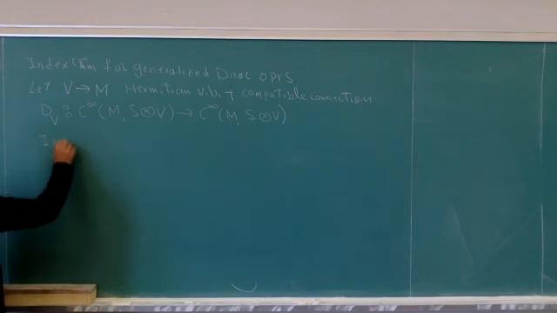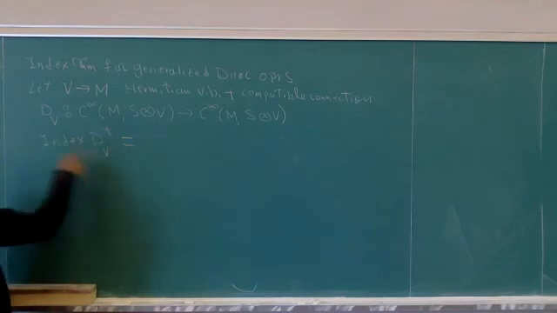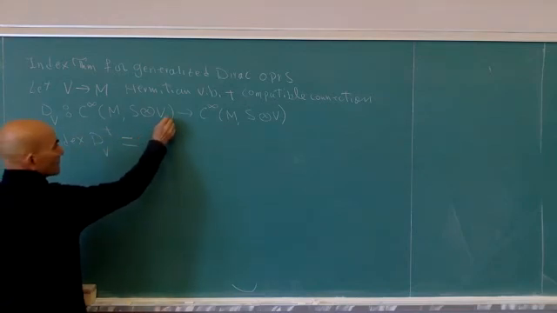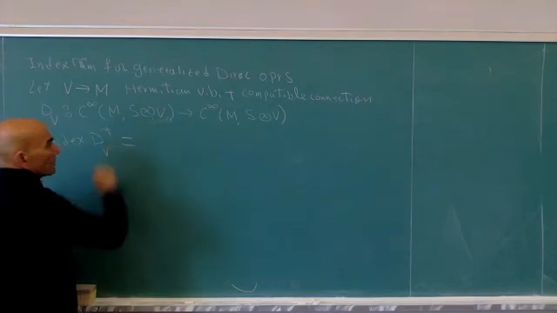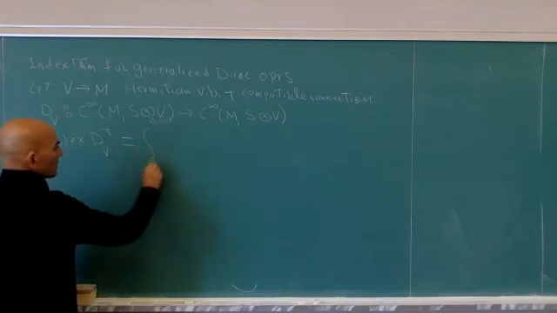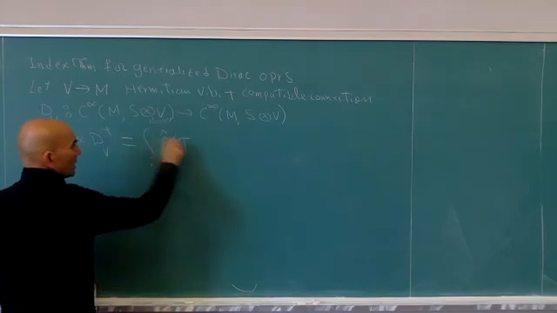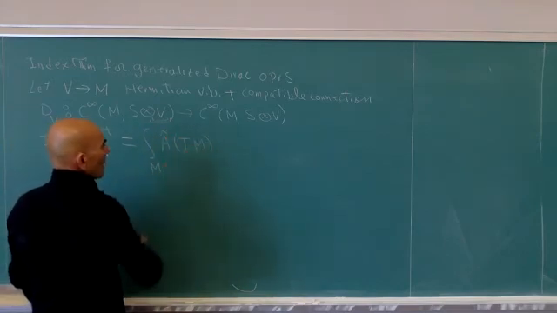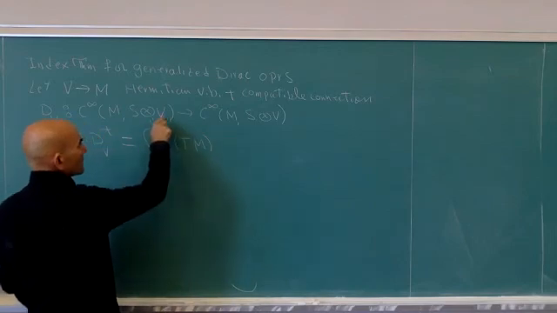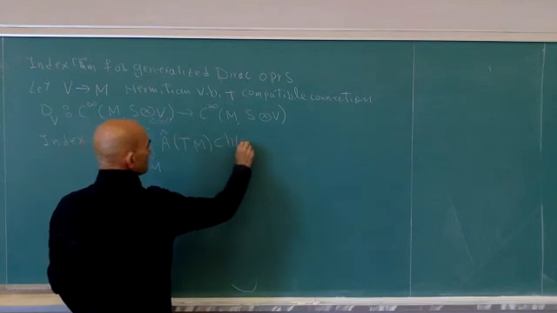So the question now is, what is the index of D_V plus? In this case, the topology of V, the topology of the bundle, also plays a role. So it's going to be the integral over M of A-hat of TM, and then the Chern character of V comes into the game.